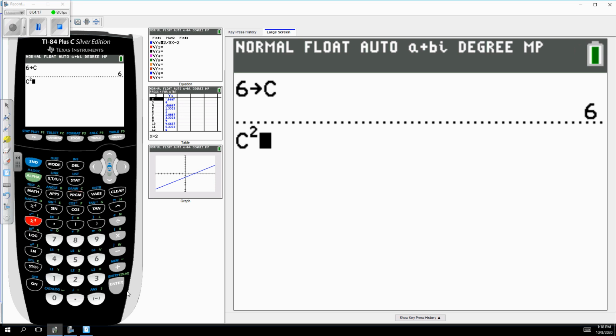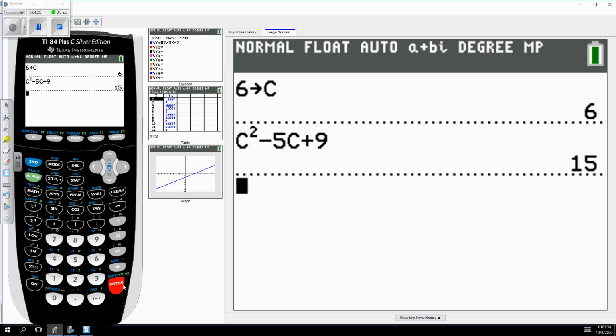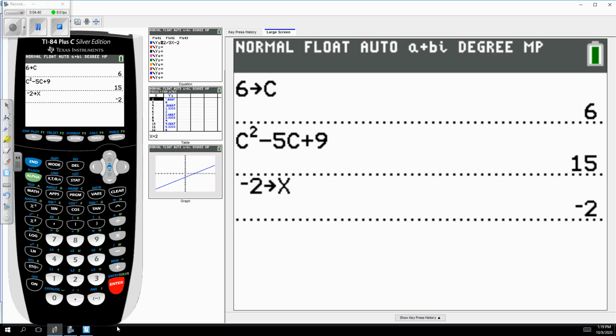It thinks that C is 6. So you can evaluate an expression without doing anything. That's the value when C is 6. Most of the time, like if I want X to be -2, I stow and I hit this guy, X. So that allows X to be -2.